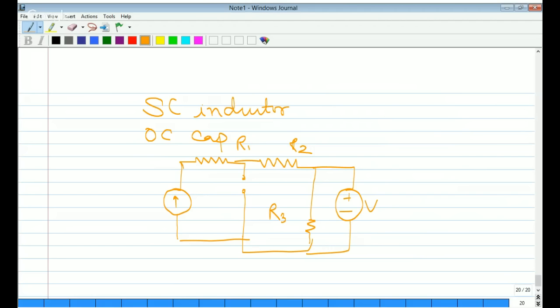Okay. So here R3 current can be directly calculated as voltage source is connected in parallel to this. So that way you can proceed. Is it fine?